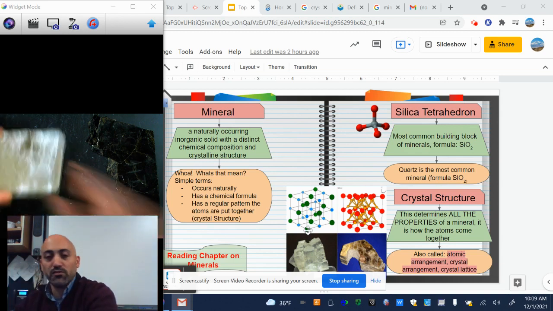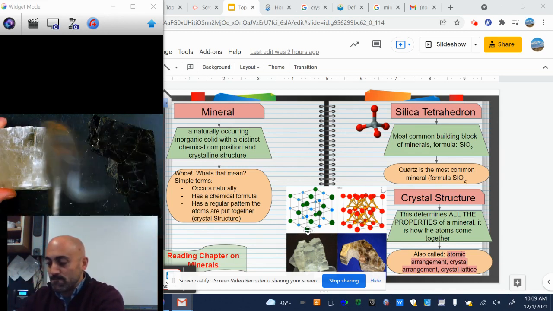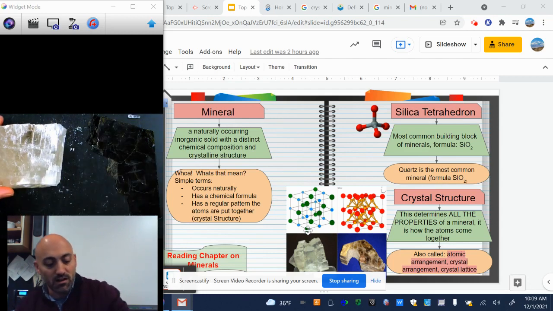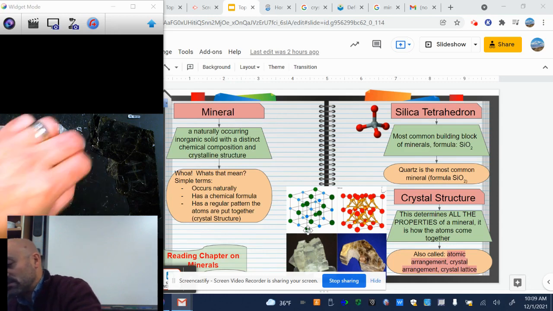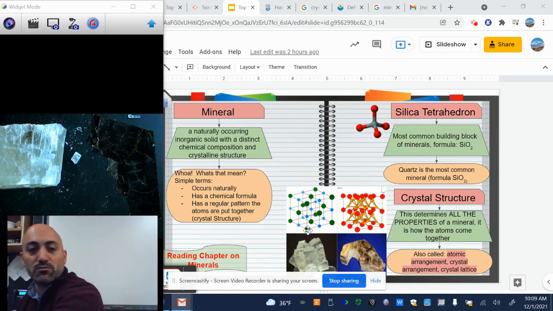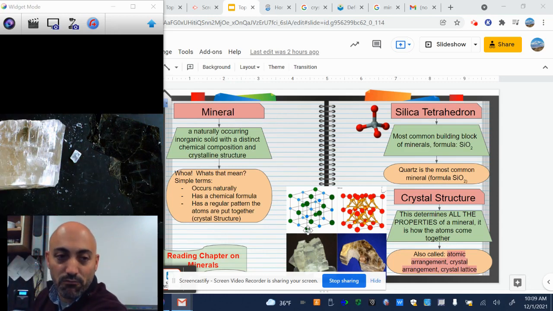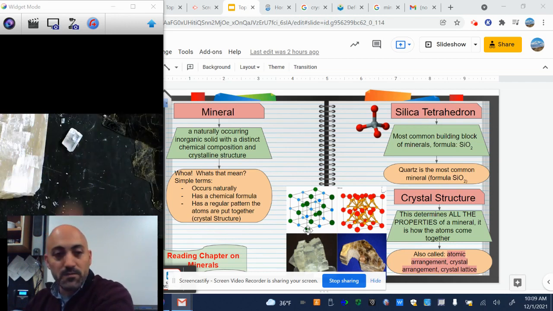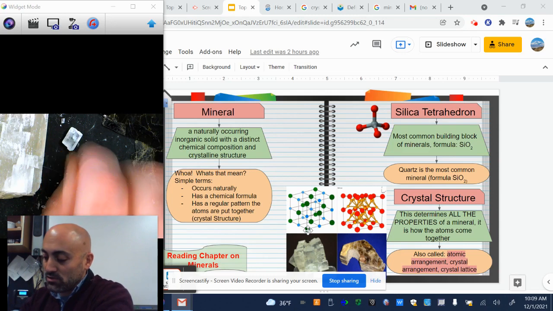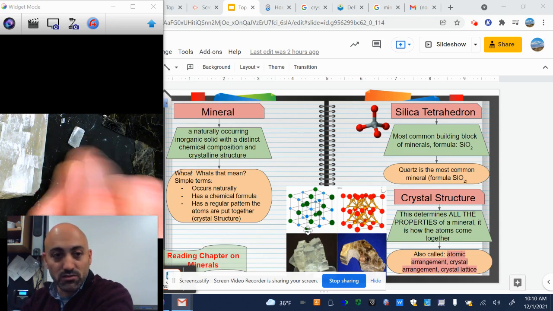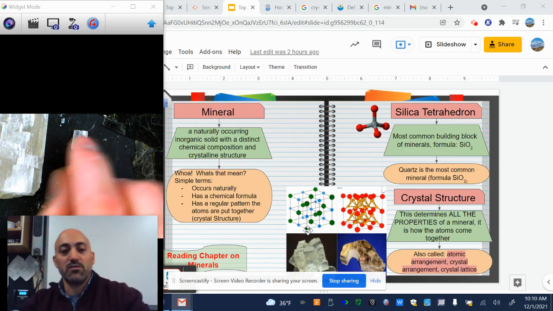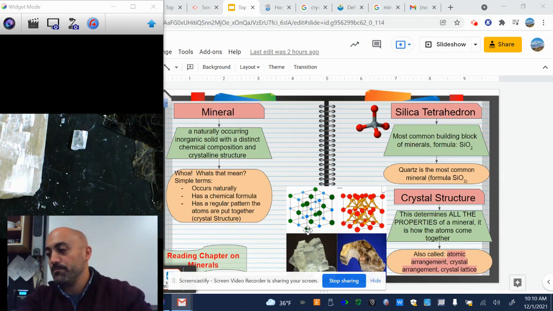And the super cool thing about that is as I break pieces off, okay, these pieces that break off, if I zoom in on them, they look just like that rhombus shaped too. So the atoms come together in this rhombus shape. So when they break, it looks like a rhombus. And the way that the atoms come together is going to give the mineral all its other properties too.